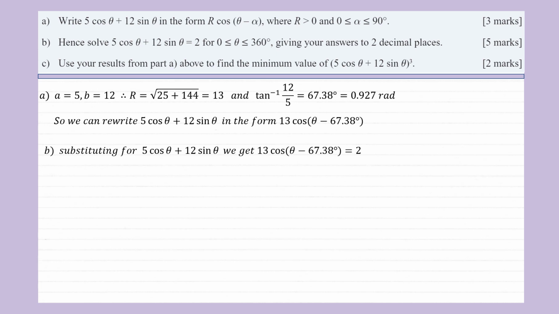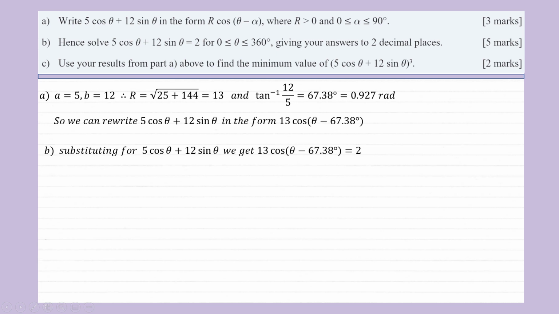Okay, now for part B, we can now solve this equation, because what we're going to do is replace the 5 cos theta plus 12 sine theta by our newly formed R function, because we've now combined these into a single function, 13 cos of theta minus 67.38, and it's that cosine function which is equal to 2.